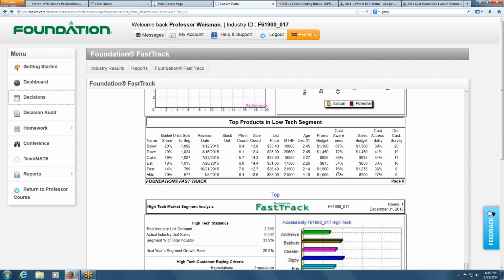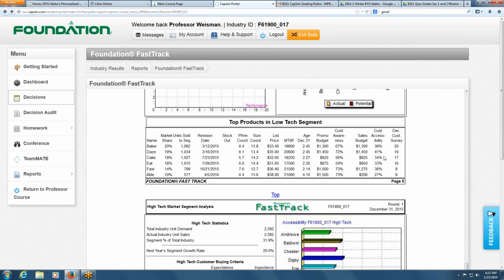Their customer awareness was 73%, and their customer accessibility was 27%. This is huge. And their survey was 9. This is their customer survey, which says how much people like their product once they bought it, and that was kind of low too.